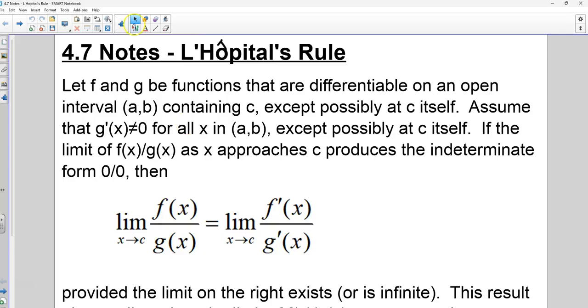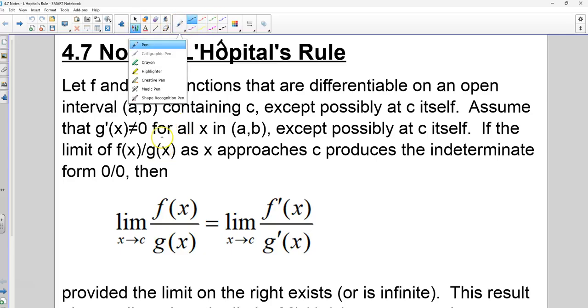One of the big things for L'Hopital's rule is, kind of like intermediate value theorem or mean value theorem, there are conditions that must be true for L'Hopital's rule to be applied. So f and g have to be functions that are differentiable. You have to be able to take the derivative of f and g.